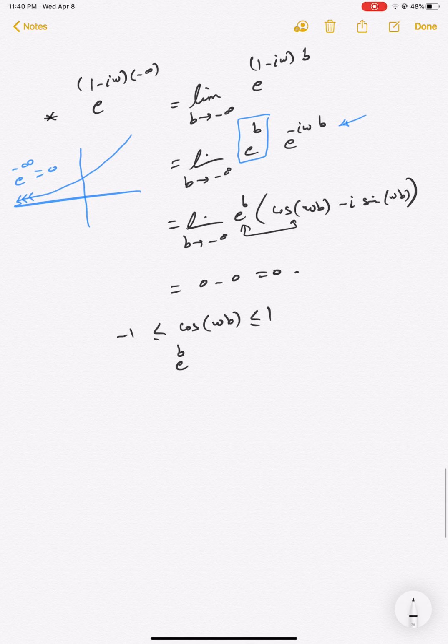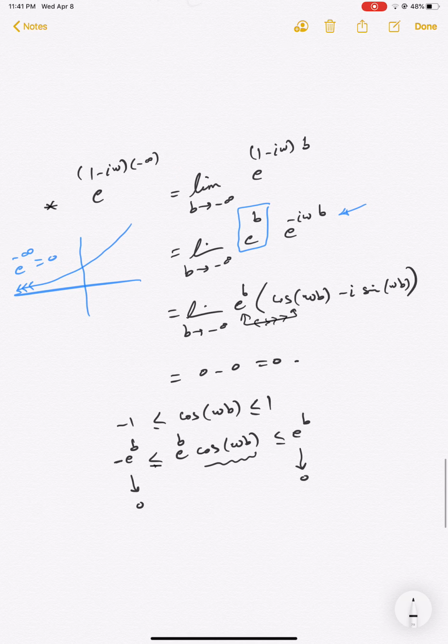When you multiply by e to the b, since e to the b is positive, the inequality is preserved. Then the limit as b approaches negative infinity: the two sides are zeros, so the middle term has to be 0. The same reasoning applies for e to the b multiplied with the sine.